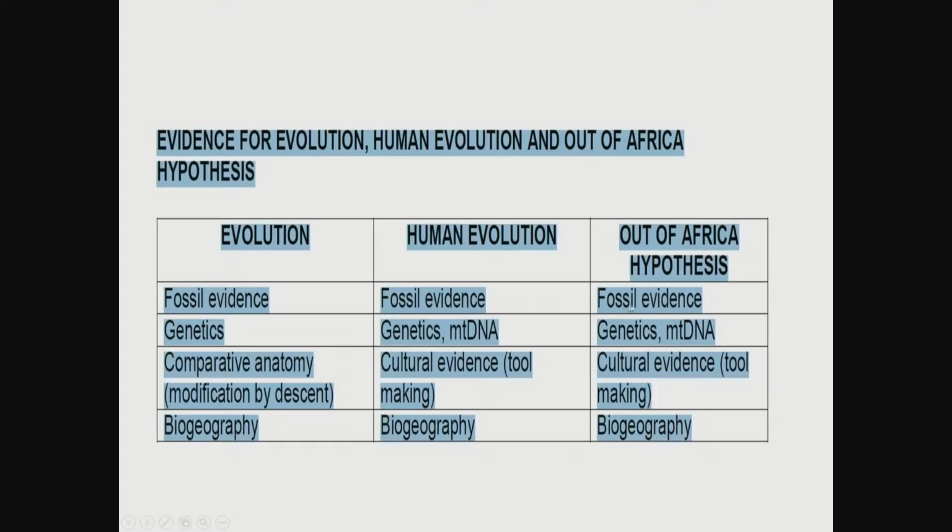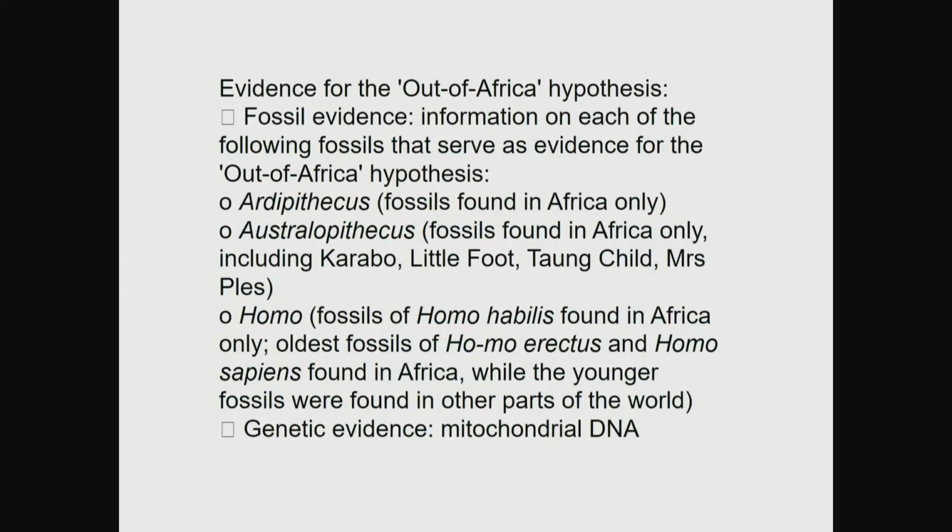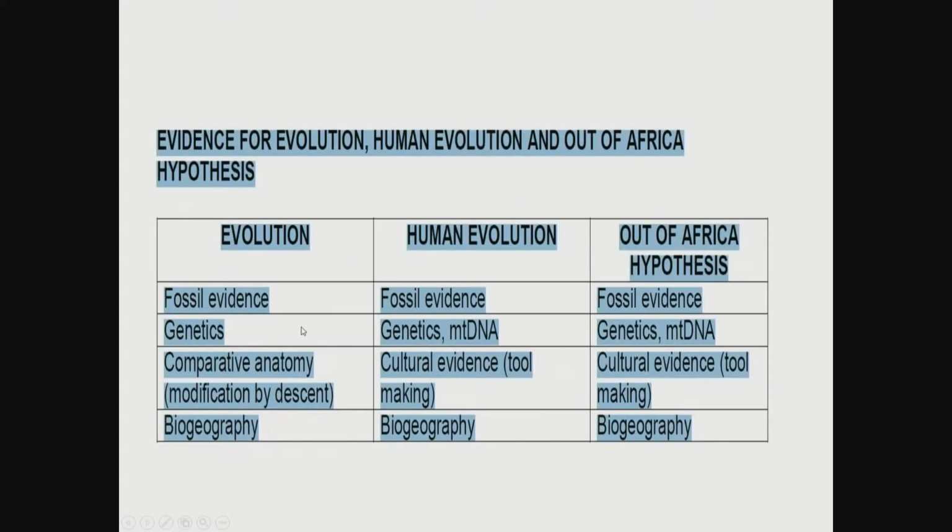But they can ask, explain fossil evidence as an out of Africa hypothesis, and genetic evidence as out of Africa, also these two. Then we have to explain. And when we explain fossil evidence, then we refer to Ardipithecus, Australopithecus, and the Homo species.